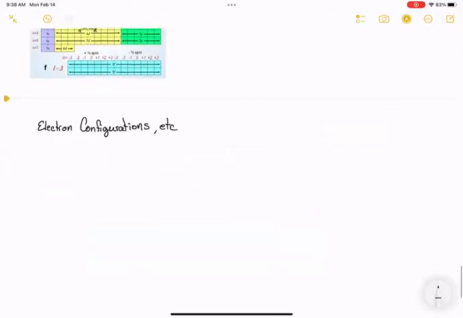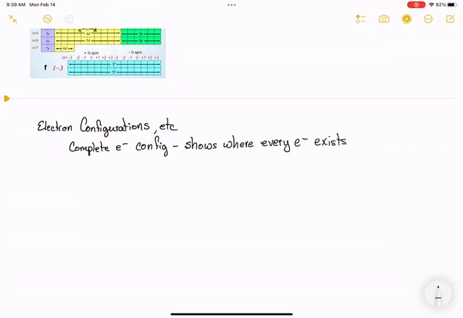And with electron configurations, we're going to be doing several different things. Number one, we will be doing the complete electron configuration. Basically, this one shows where every electron exists in an atom of an element. We will talk about the noble gas configuration.